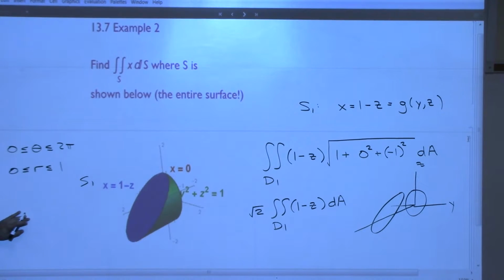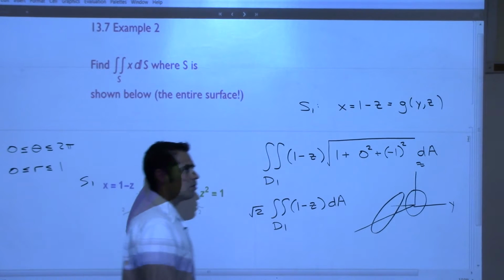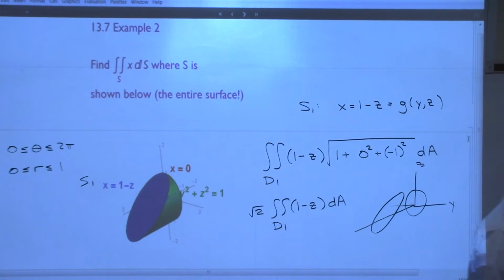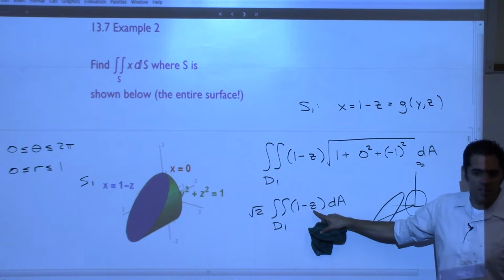Right? What are the substitutions I'm going to make? This is critical. Because if it's a normal polar region, we go x is r cosine theta, y is r sine theta, right? This time, we don't have x. It's y and z. So y is r cosine theta, z is r sine theta. Yes? And look at your integral here. It just has z in it.